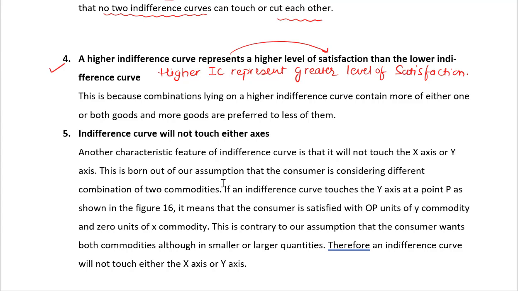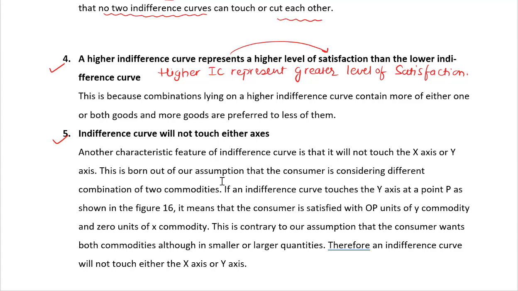So if the consumer has no constraint in terms of budget, in that case he should always opt for the higher IC curve, in that he will get more satisfaction.